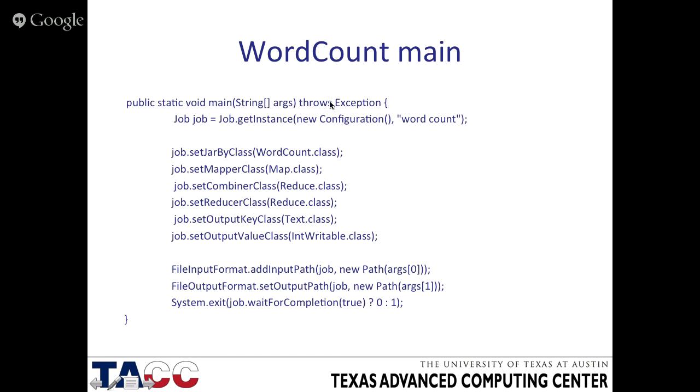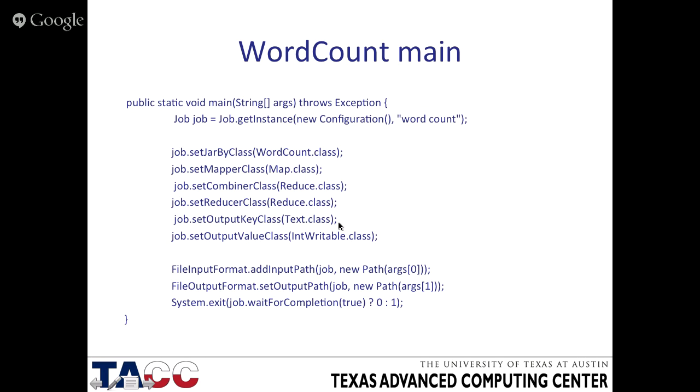Here is a typical setup for the main class. You create a job instance from a factory class. Once you create that, the main thing you want to specify is which mapper class you are going to use. In this case, we implemented this map class, and that's what we want to use. And which reducer class we want to use. I will talk about combiners a little bit later.